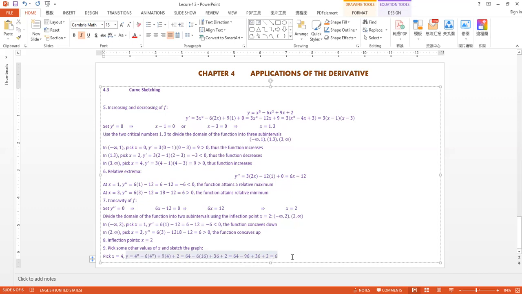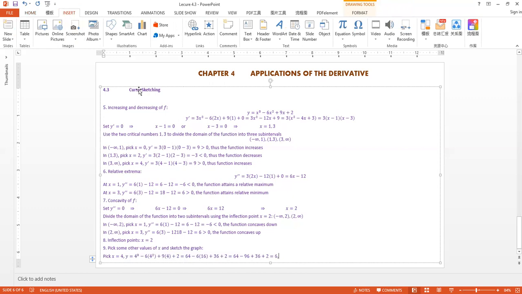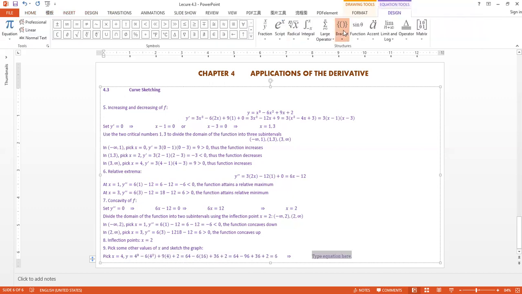So we get another point on the graph, and the point is (4, 6).